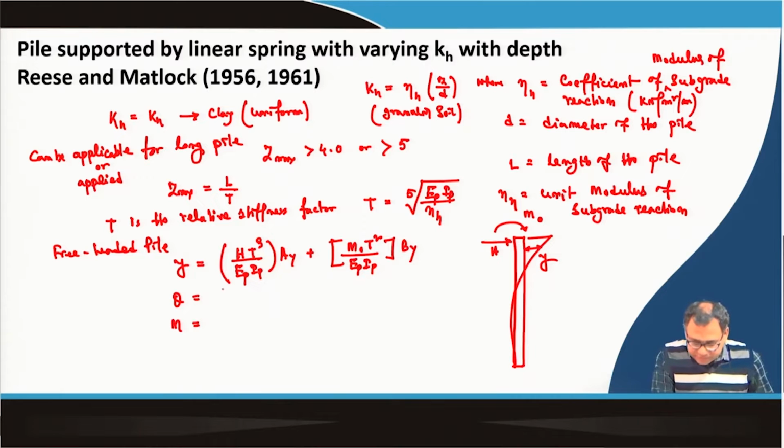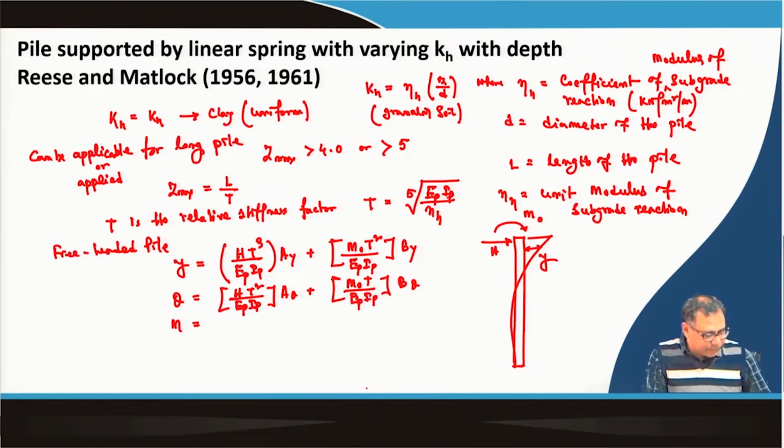With theta, the expression is H t square divided by Ep Ip, then A theta, plus M0 t divided by Ep Ip, B theta. Okay, B theta, or here the table is given for B s, so that is why I am giving B s, s for slope, because these values will be given in tabular form. That is why I am giving the same notation.